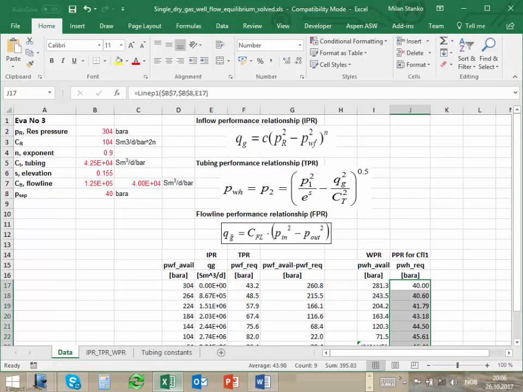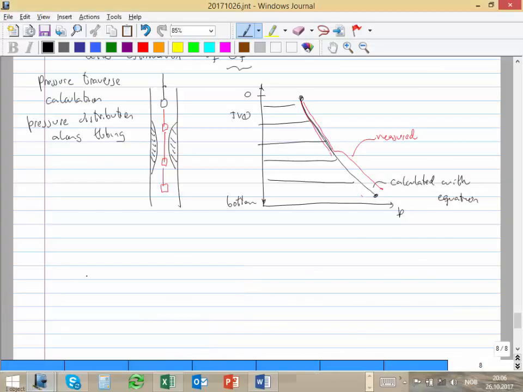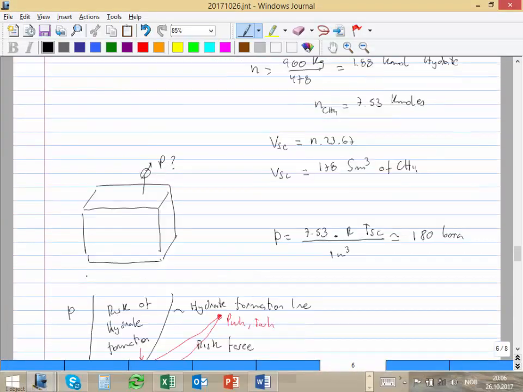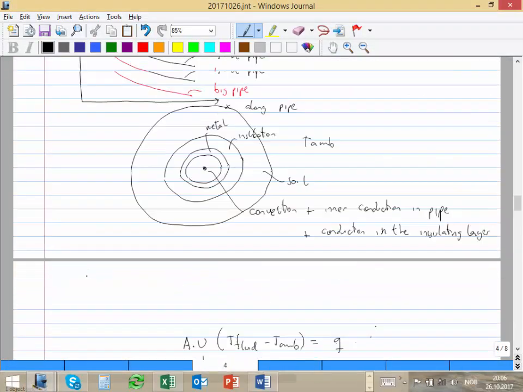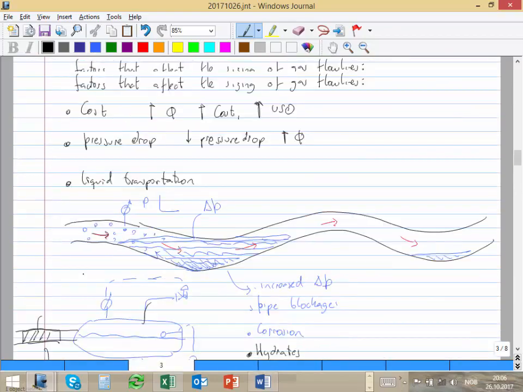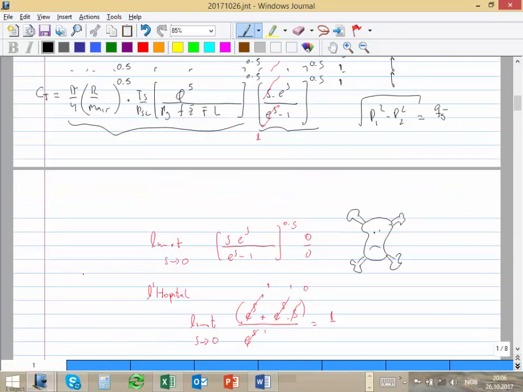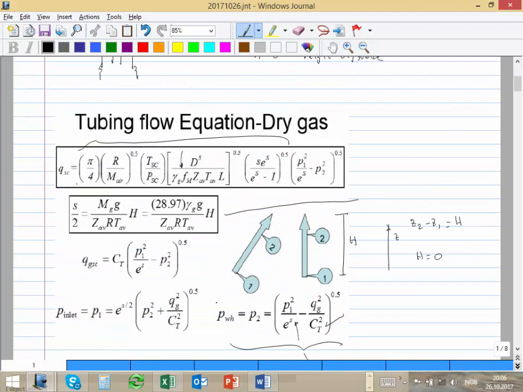Where are the notes here? We have written quite a lot. So if you remember in this equation, the CT depends on the Z average and the T average. And at the same time, the Z average is a function of P average and T average.